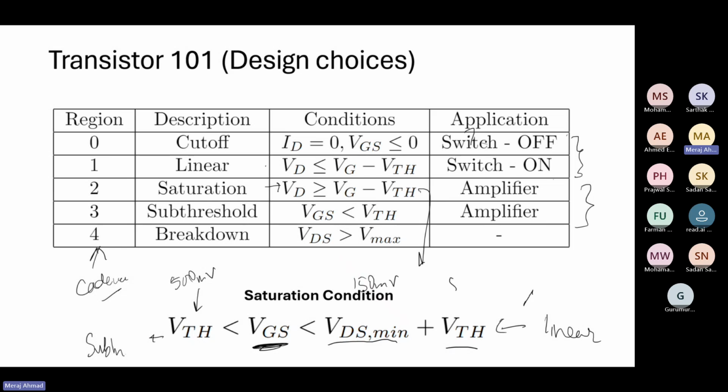Then you know you can only be between 500 millivolts and 650 millivolts. This is the choice of VGS you have.